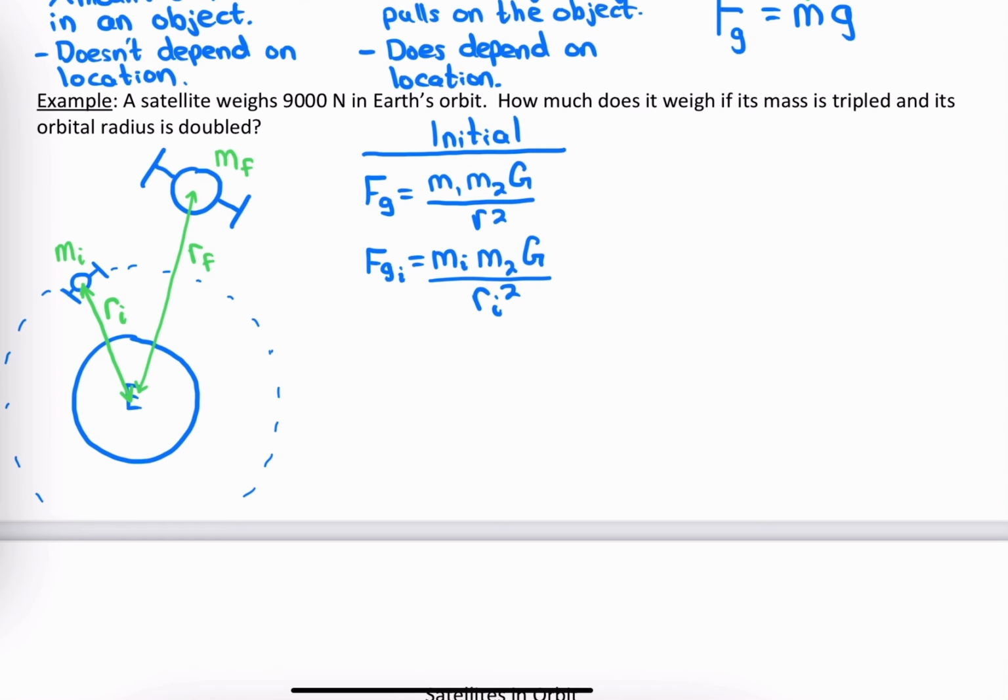Now let's look at the new and improved version, my final satellite, or satellite B. Again, the same formula applies: Newton's universal law of gravitation. M1, M2, big G over R squared is the force of gravity on the satellite. But this satellite over here is going to feel a different force, so I'm going to call it Fg final.